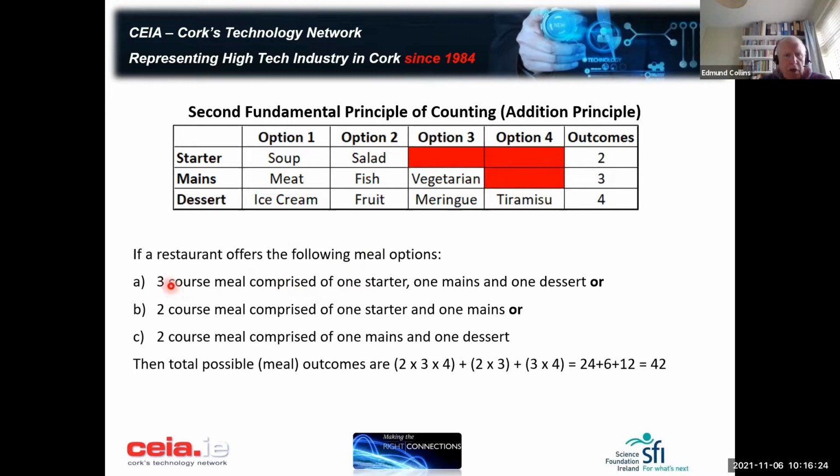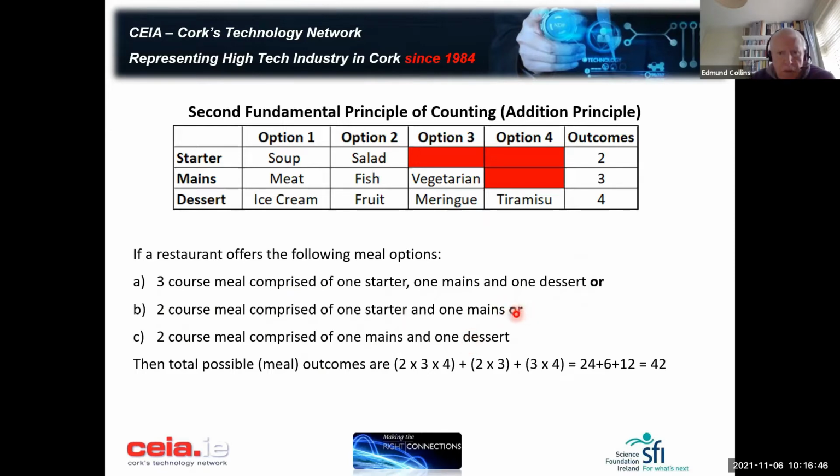So the first option is the three-course meal that we saw before, comprised of 1 starter, 1 mains, and 1 dessert. But then there's an "or": you can have a 2-course meal comprised of 1 starter and 1 mains, or a 2-course meal comprised of 1 mains and 1 dessert.